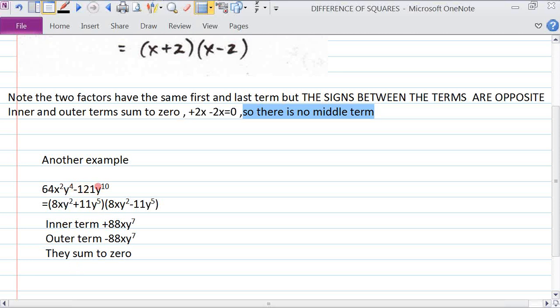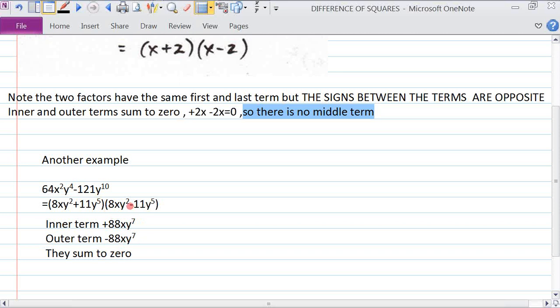Now, 121 is a perfect square, so I can multiply plus 11y to the 5th by minus 11y to the 5th, and I'll get minus 121y to the 10th. Now, the inner term is plus 88xy to the 7th, because 8 times 11 is 88, and I add the y squared and the 5, I get y to the 7th, the powers I add.